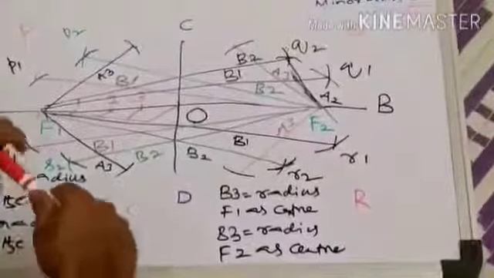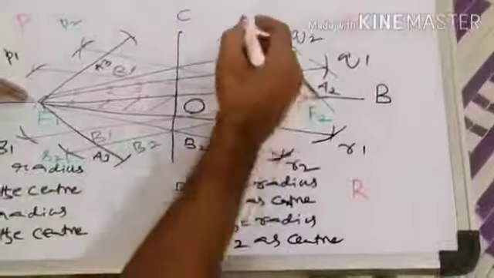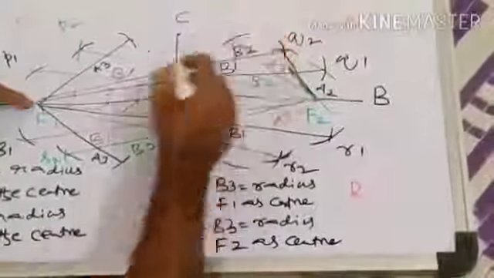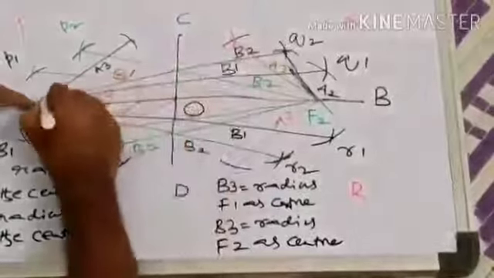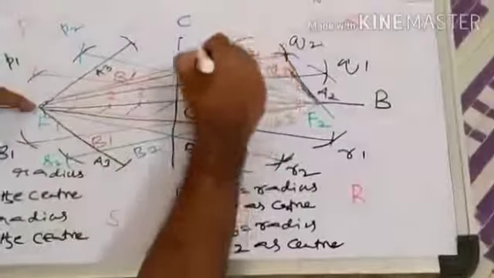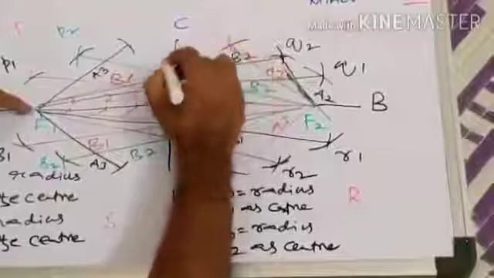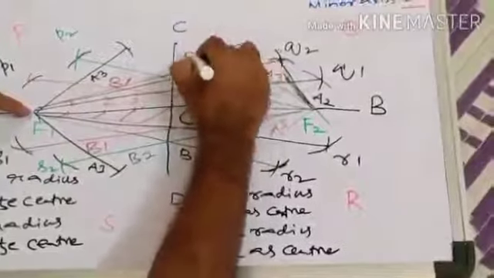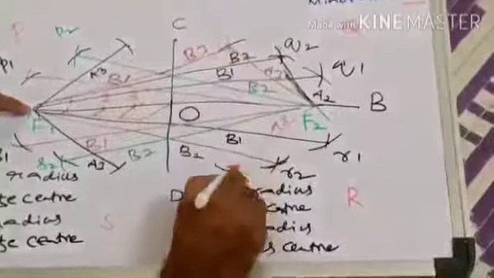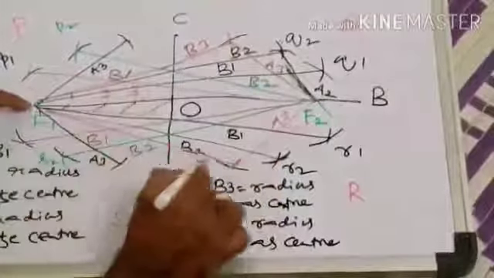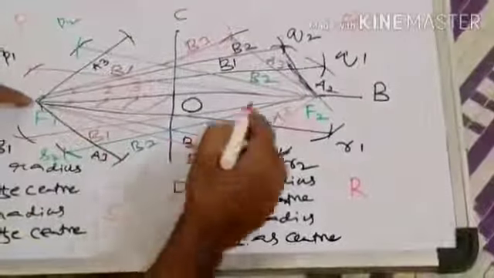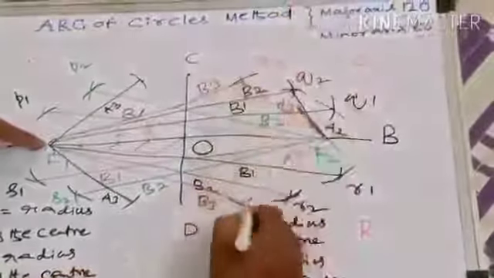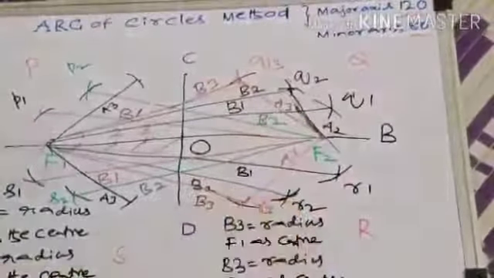You have to cut the Q portion point. So therefore it becomes B3, here also B3. You are getting here Q3, R3.